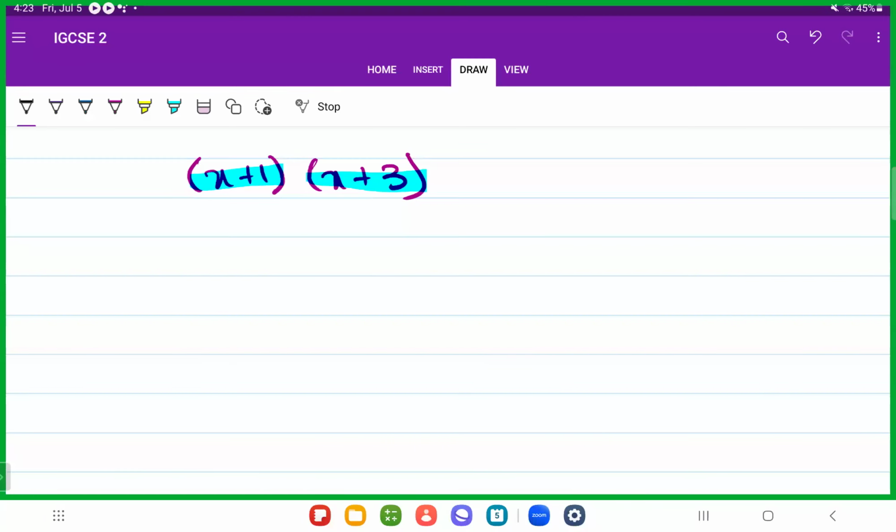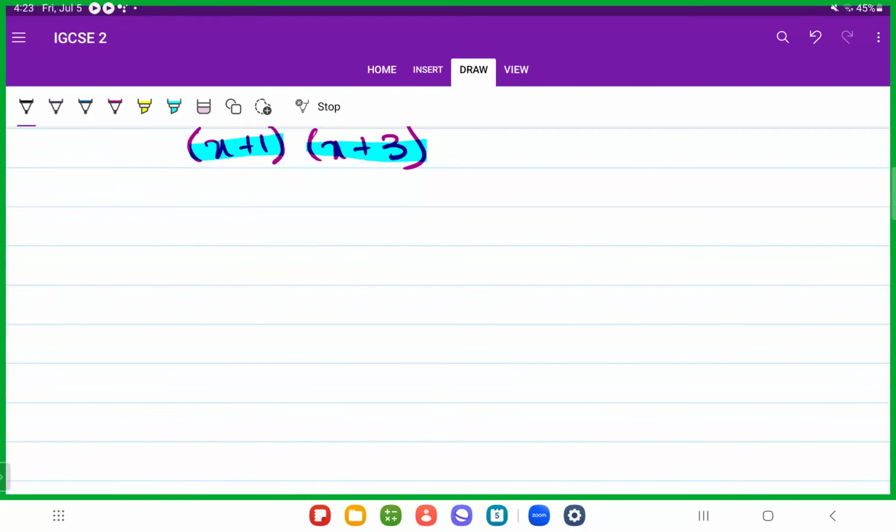You multiply x with x, so it'll be x squared, plus 3x. Okay. So basically what we do is multiply the first term with the whole bracket, and then we multiply the second term with the whole bracket, right?